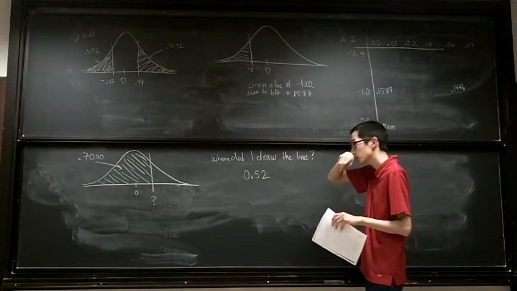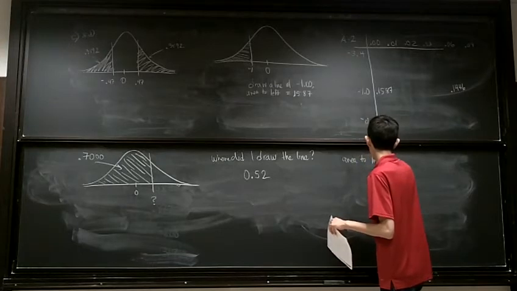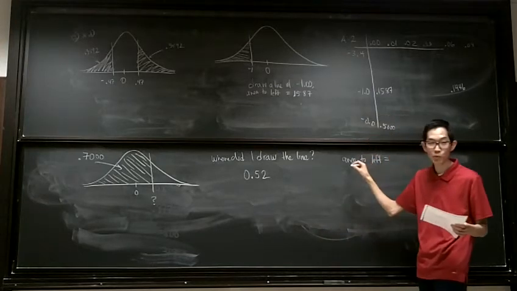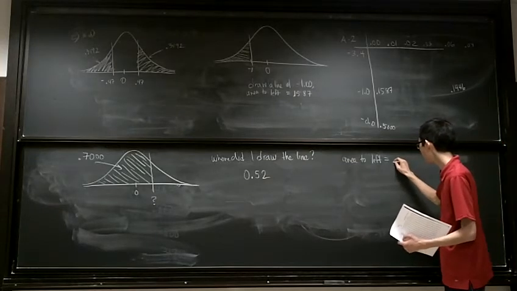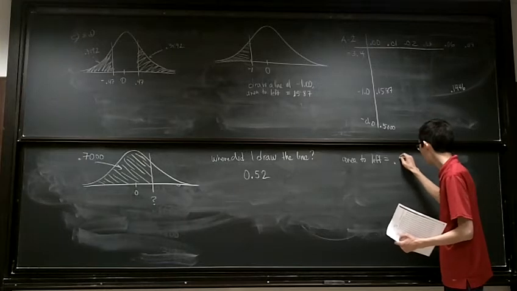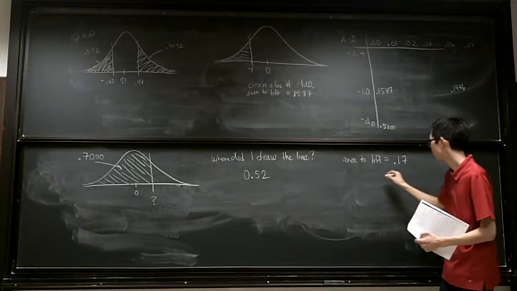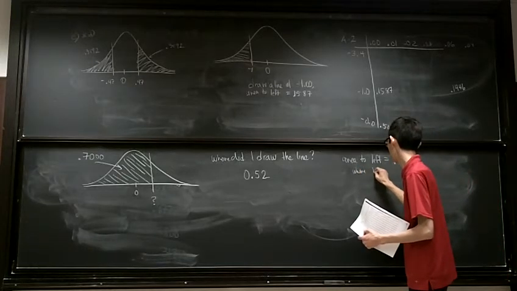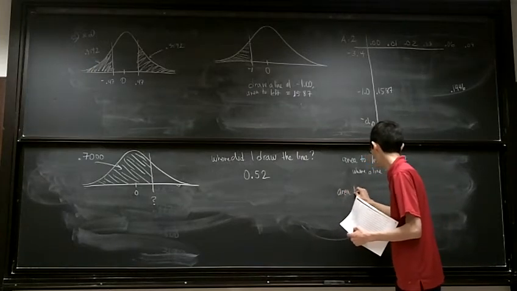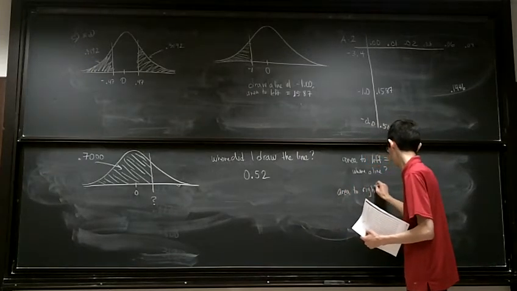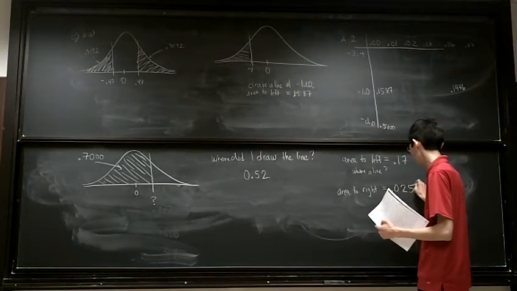So the area to the left is equal, and I'm going to switch it up between area to the left and area to the right. Area to the left is equal to 0.17. Where's the line? Area to the right equals 0.025.